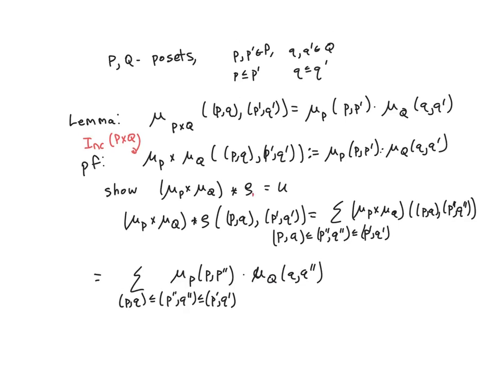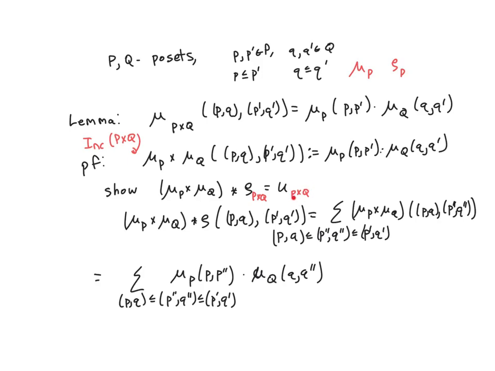By zeta, I mean zeta of P × Q. I should note it is common to use subscripts when you need to specify exactly which poset you're working with, when you're in the rare situation that you have more than one poset popping up in the same proof. So these subscripts are telling me that I'm working in the poset P × Q, the poset P, and the poset Q. Alright, so let's show that this is true.